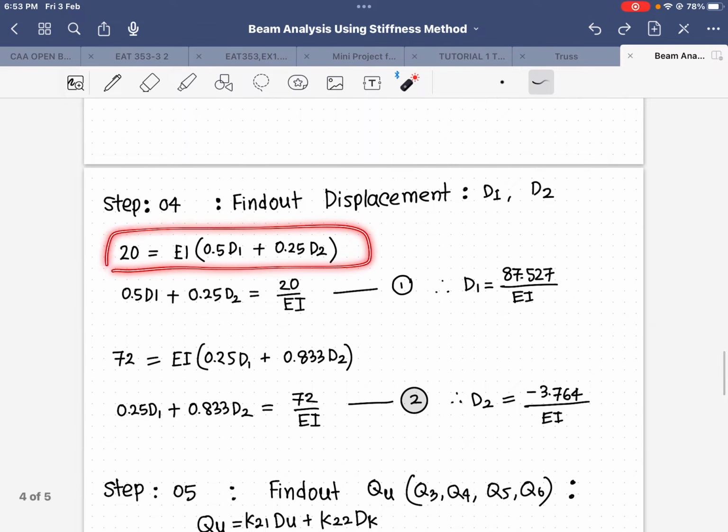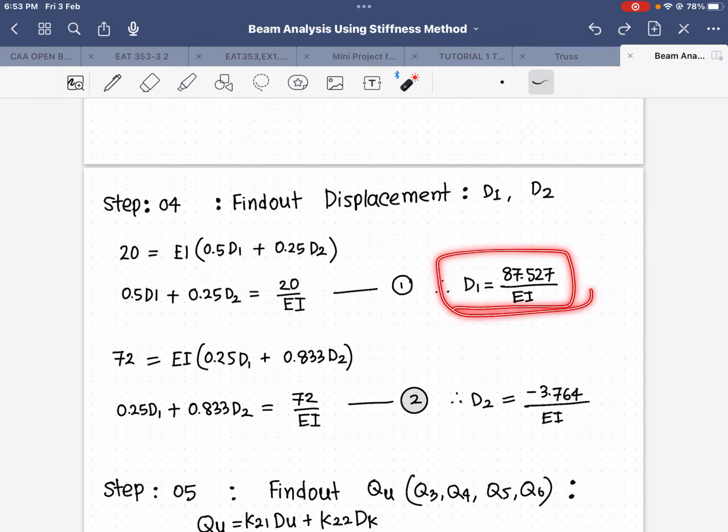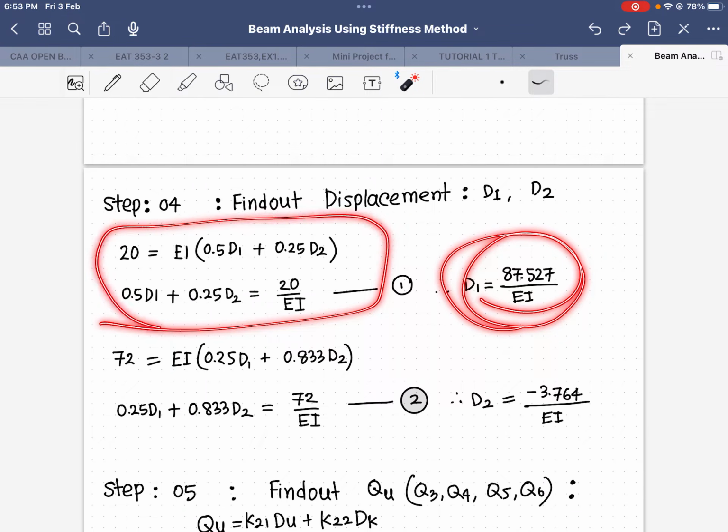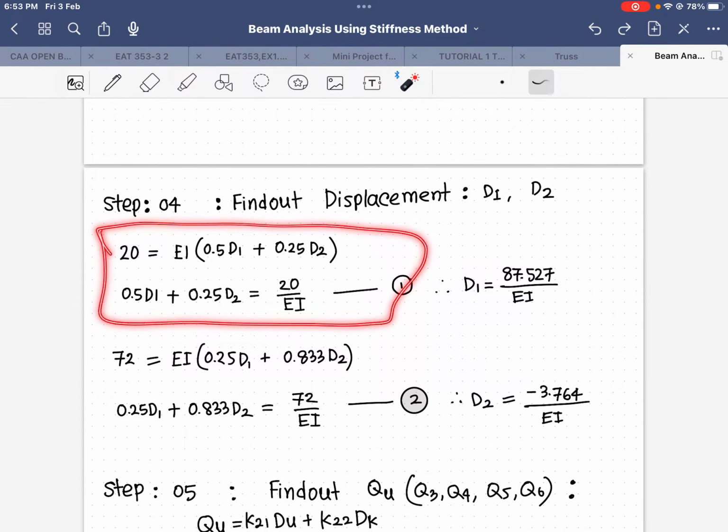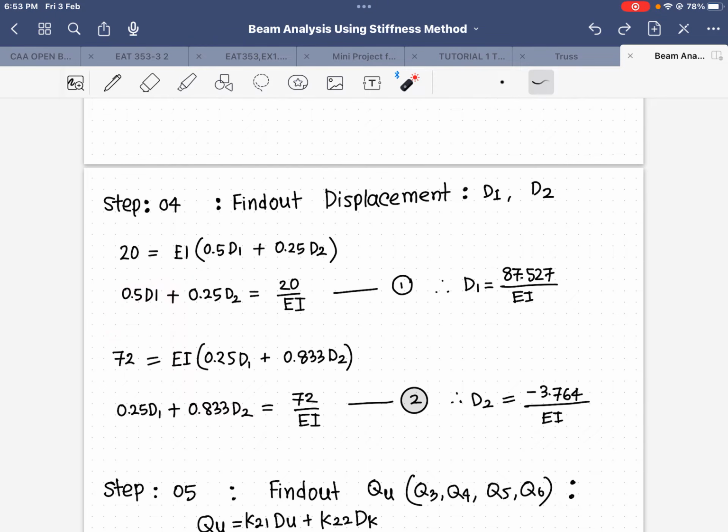In here I just did 20, and I plug all those formulas into our equations, and I get d1, and d1 will be 87.527. In this case you will use the simultaneous equation. By using the calculator, you can easily get the value of d1 and d2.